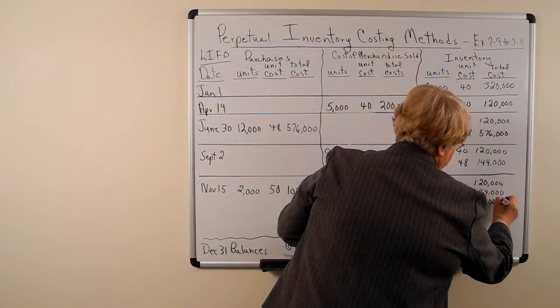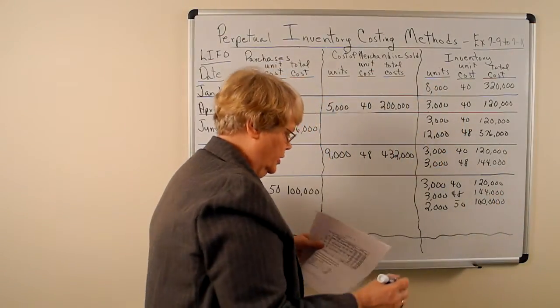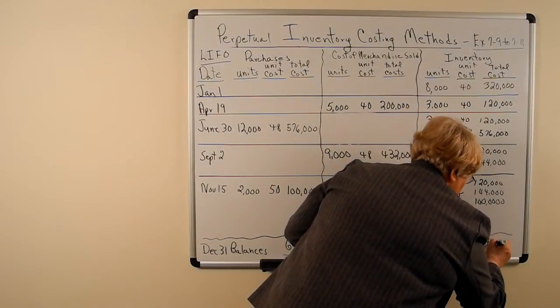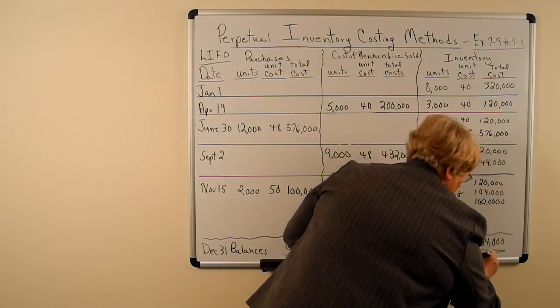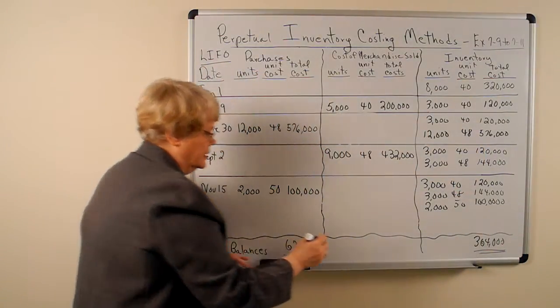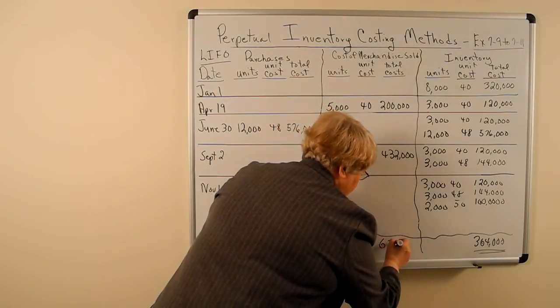Now to get your total inventory, you're just going to add those three up, and you will get 364,000. You can see that it's different from what we had before. To get your cost of merchandise sold, you just add those two amounts, and you get 632,000.